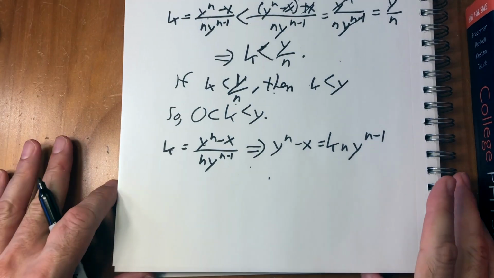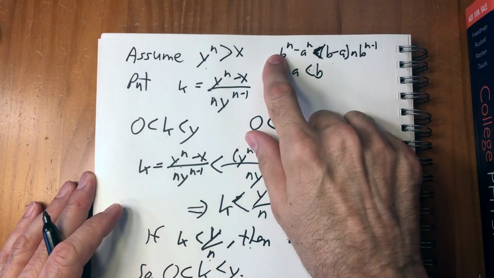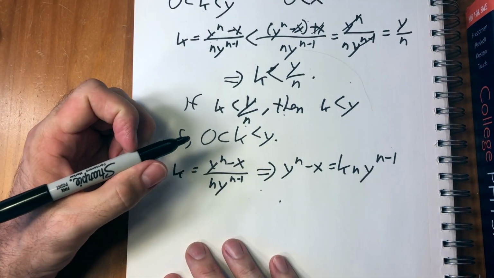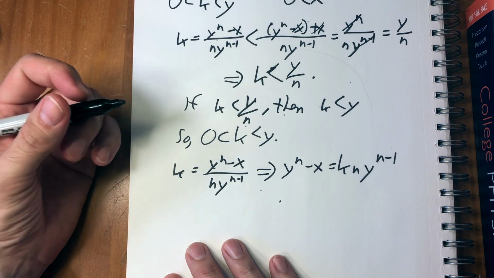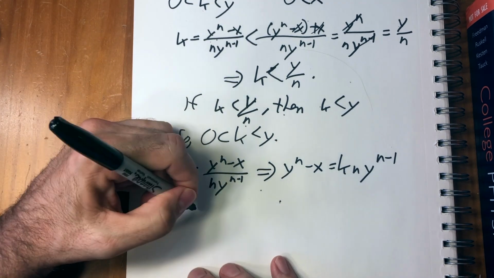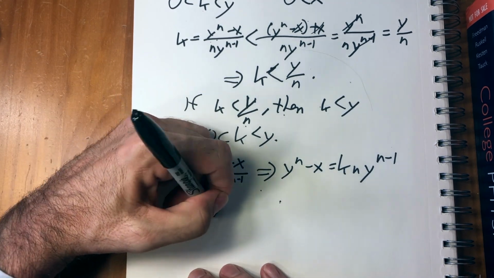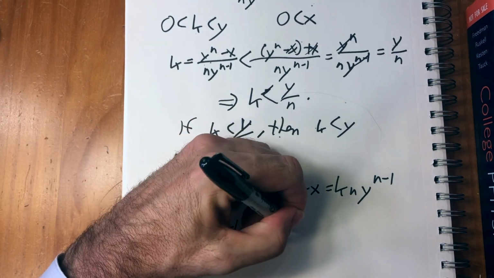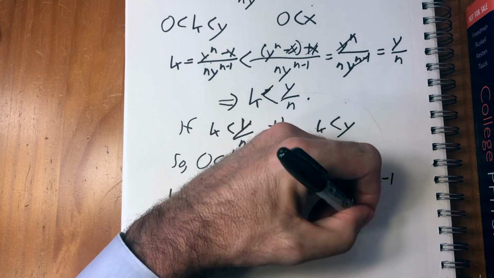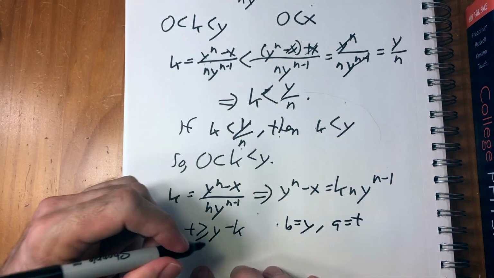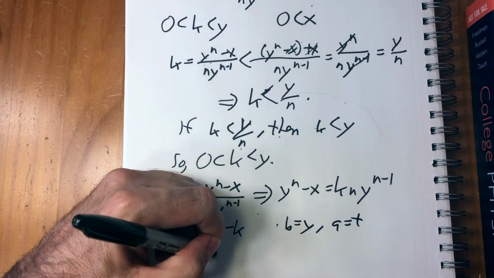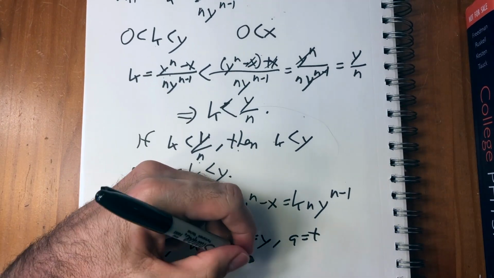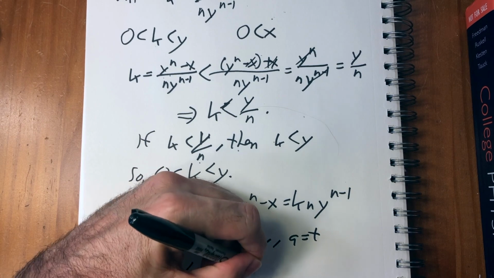So now we're going to do the same thing we did last time. We're going to use this inequality to see what happens with a certain t that we choose. So if we let t be greater than or equal to y minus k, okay? So with this, basically using b is y and a is t, we have that y to the n minus t to the n is less than or equal to y to the n minus y minus k to the n.